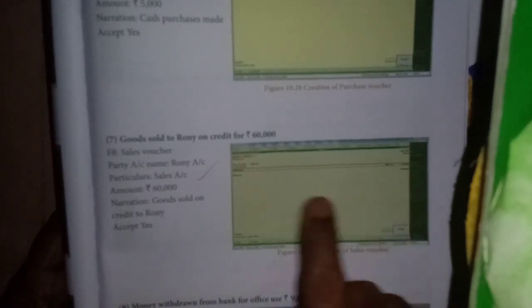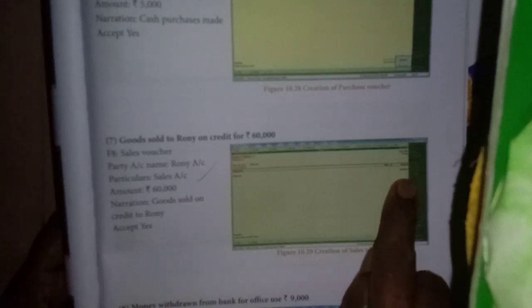So sales. Again we need to change it into sales voucher, which we select from here. Then we enter the party account name, Roni account. In the particulars we write sales account and the amount. Then narration: goods sold on credit to Roni. Then accept.